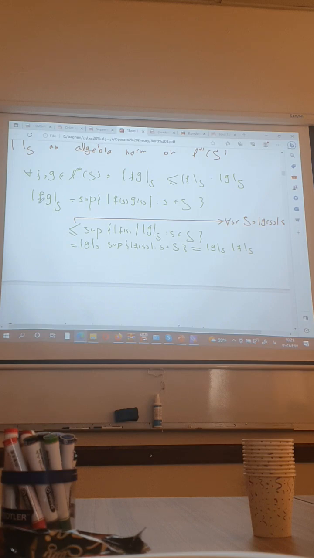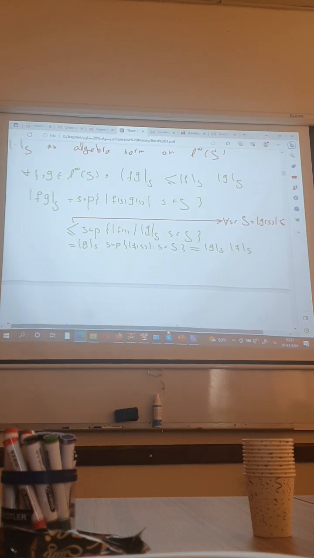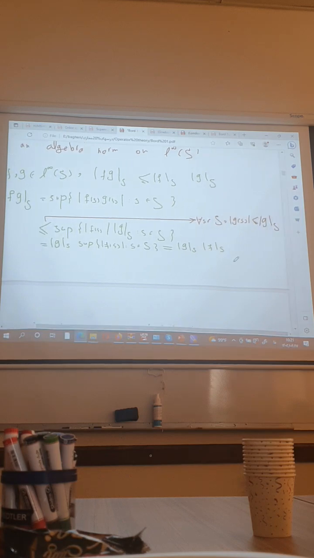The norm of fg equals the supremum, which is less than or equal to the supremum of |f(s)| multiplied by the norm of g. I write this because the absolute value of g(s) is less than or equal to the supremum of this object, okay? This is the supremum, so it must be greater than or equal to all of these.